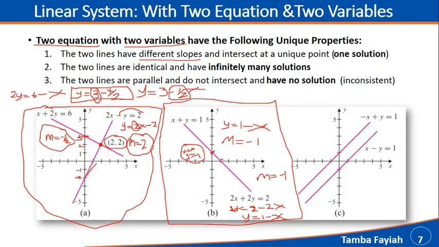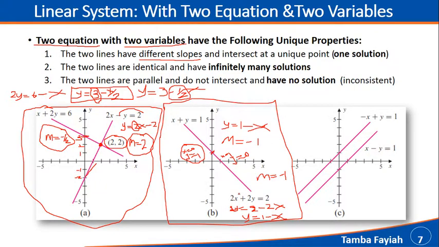Let us take another point that is already clear here. At this point, x is equal to 1 and y is equal to 0. If we substitute 1 for x and 0 for y in this equation, we get 1 plus 0, which is 1, equal to 1, so it is a solution. Then do the same thing over here: substitute 1 for x and 0 for y.